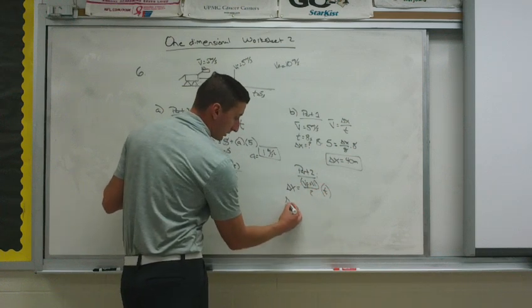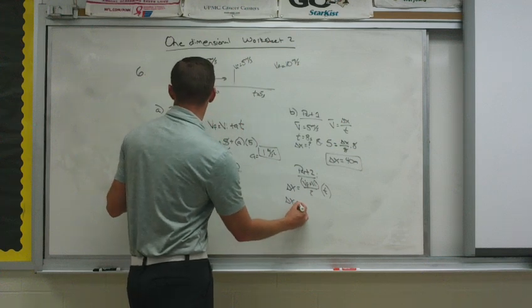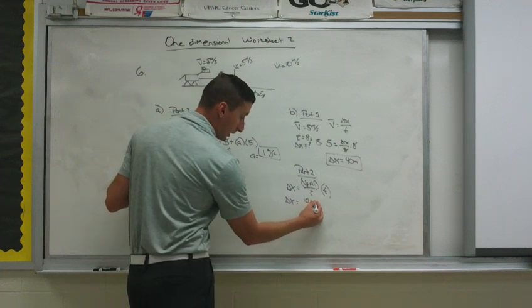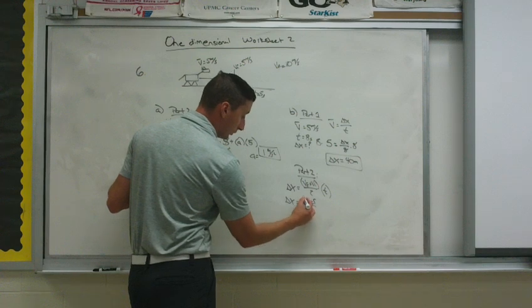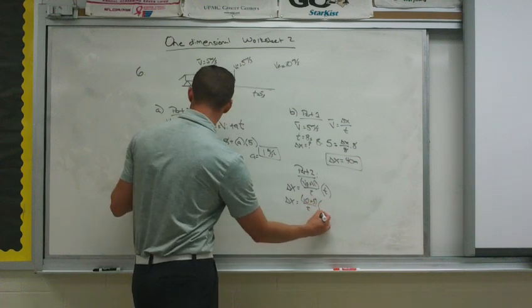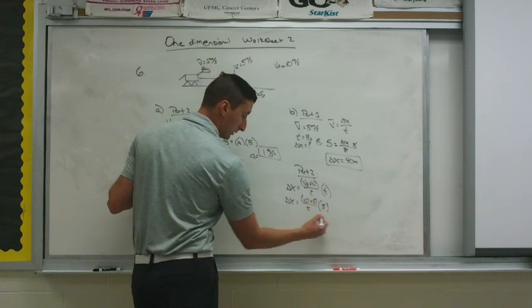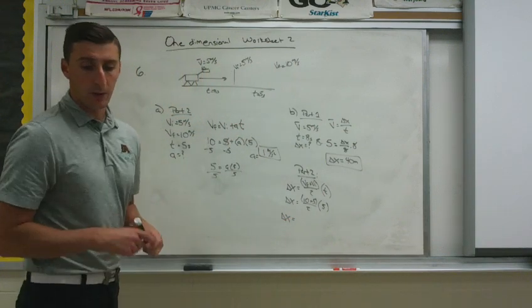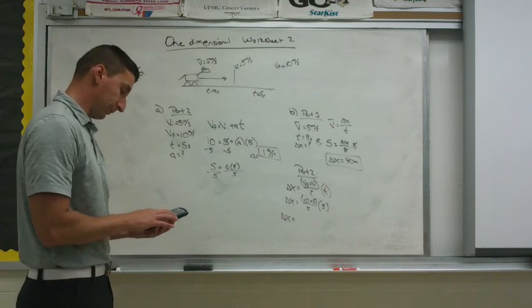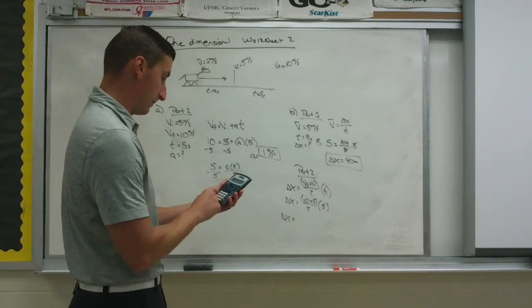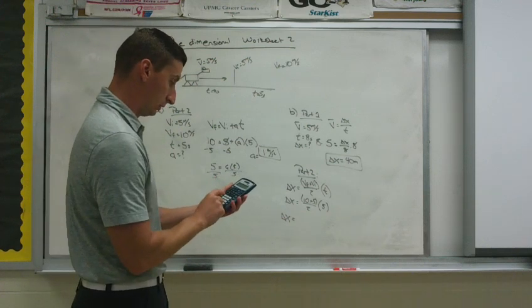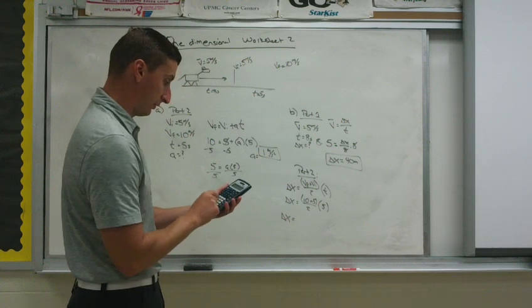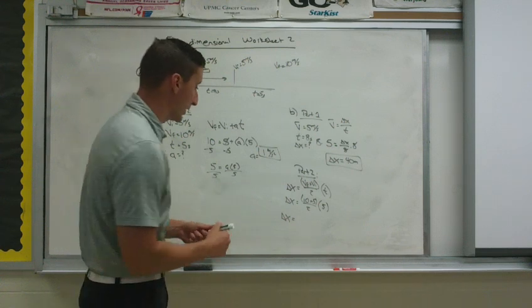I plug in delta x equals Vf is 10 plus 5 over 2 times time, which is 5 seconds. So in the calculator, what I would do is I would go 15 divided by 2 times 5. And I would get 37.5 meters.